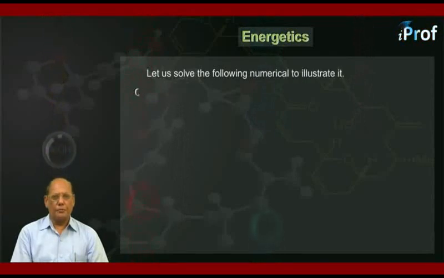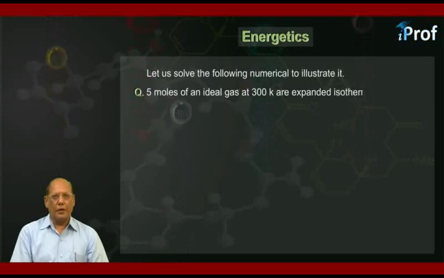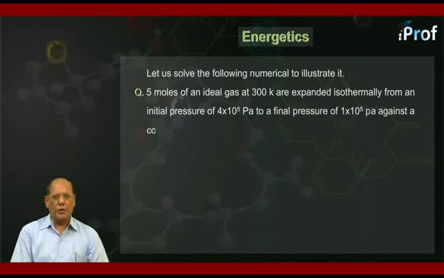Here is a question. 5 moles of an ideal gas at 300 Kelvin are expanded isothermally from an initial pressure of 4 into 10 to the power 5 pascals to a final pressure of 1 into 10 to the power 5 pascals against a constant external pressure of 1 into 10 to the power 5 pascals.